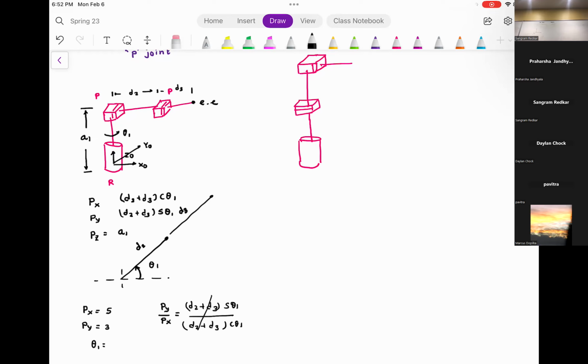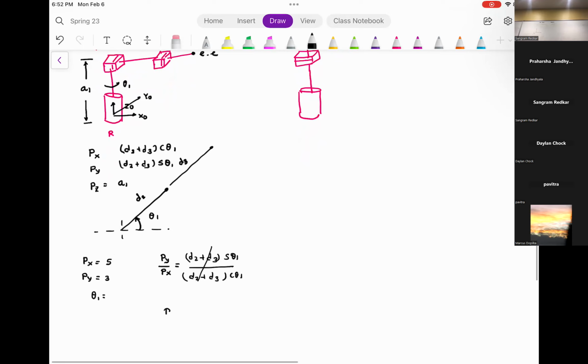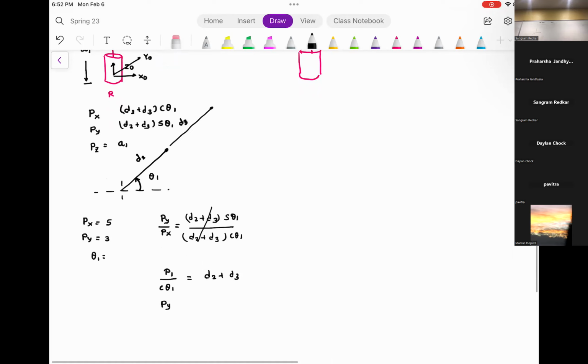Once you find theta 1, you do Px divided by cosine theta 1, which is equal to D2 plus D3, and Py divided by sine theta 1 is equal to D2 plus D3. Are you with me? You will understand those cannot be uniquely written. You have to fix one and then get the other.